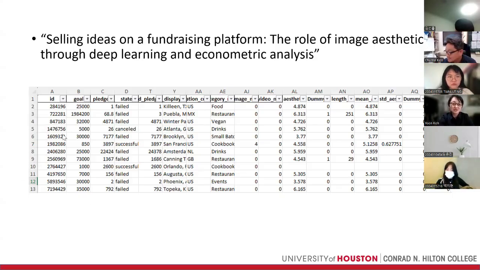Each project is a data point, and you have all different kinds of data available. Sometimes I needed to merge that with other data. But for this specific paper, it was about image aesthetics, how pretty the images are, and how that is related to funding success.